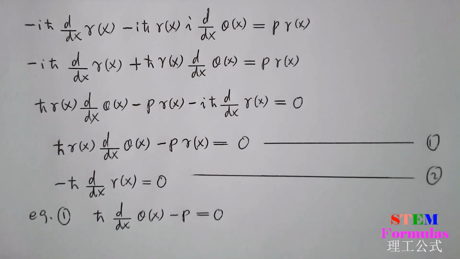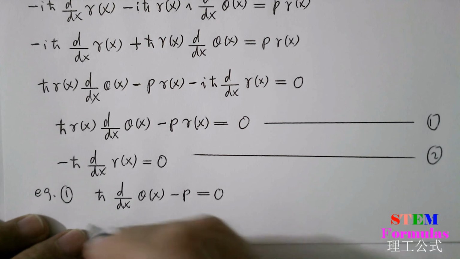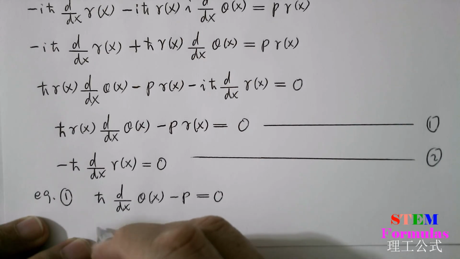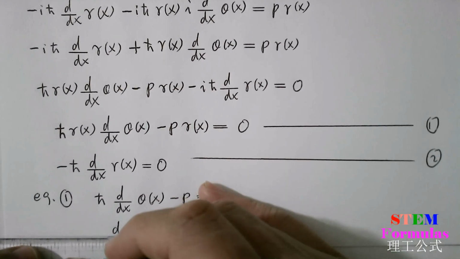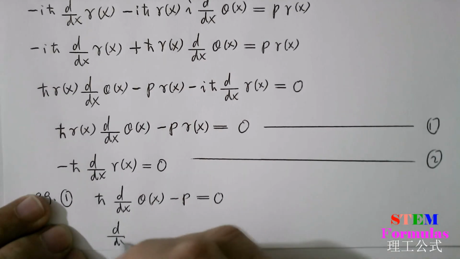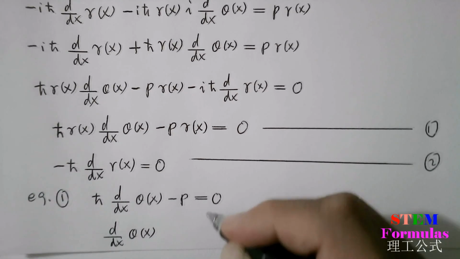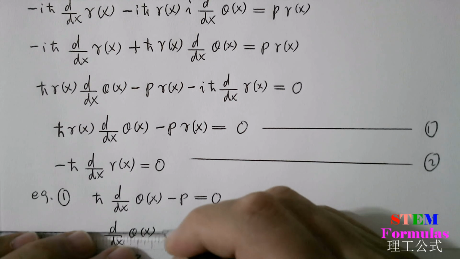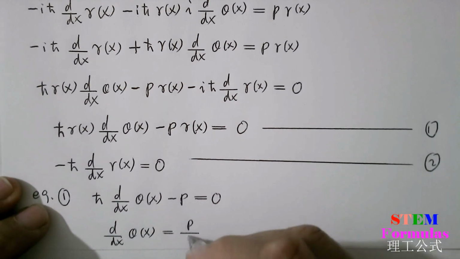Therefore d/dx theta of x equals p divided by h bar.